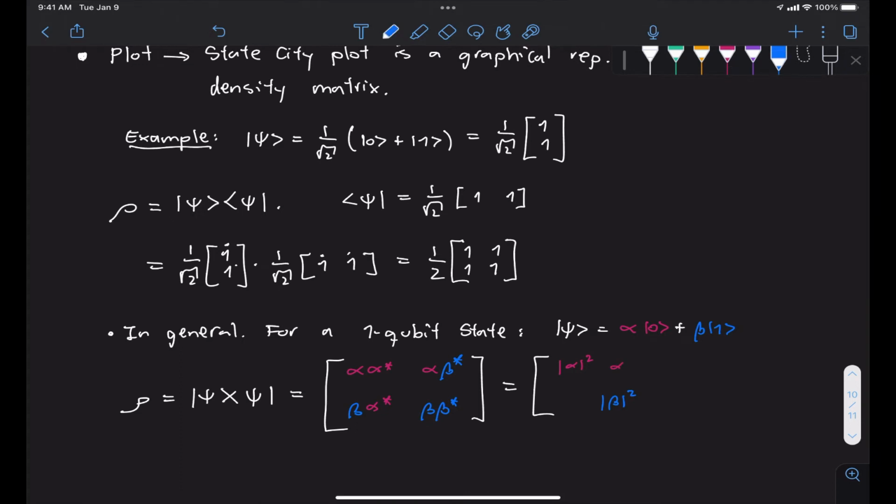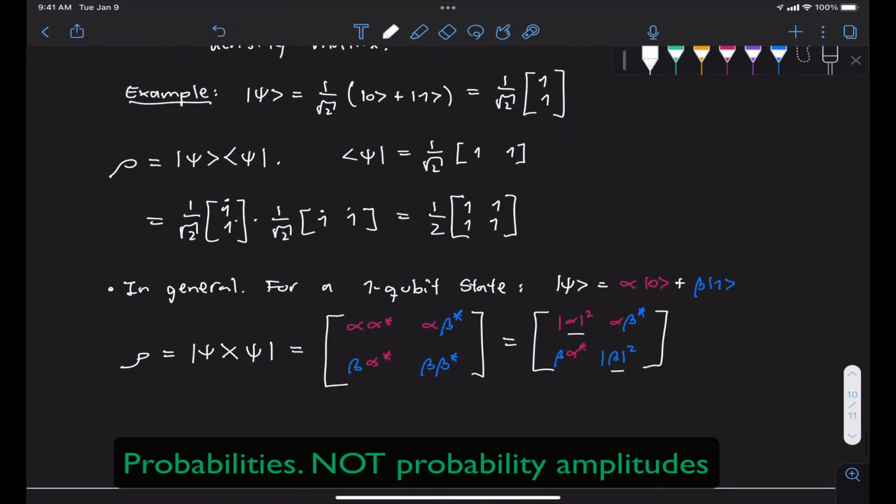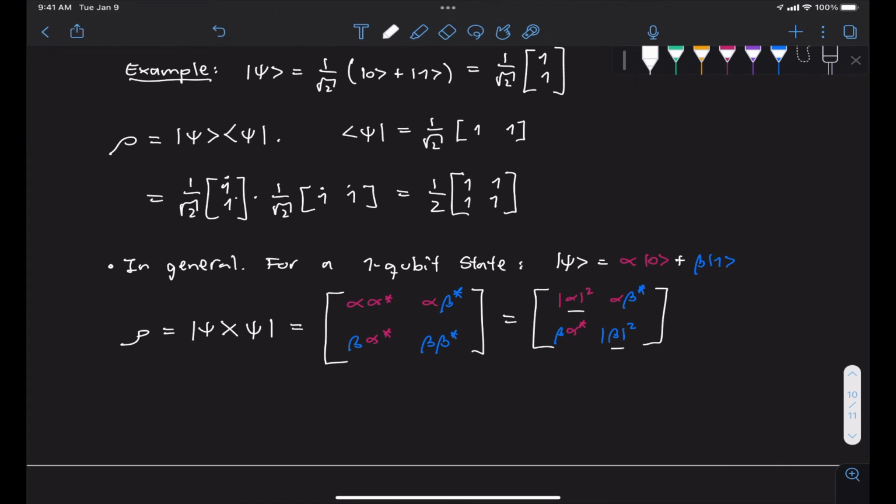So what this means is that the diagonal terms of this density matrix correspond to the probabilities associated with each of the basis states of the superposition of our psi state. This is only for one qubit, but it can be generalized for n qubits.